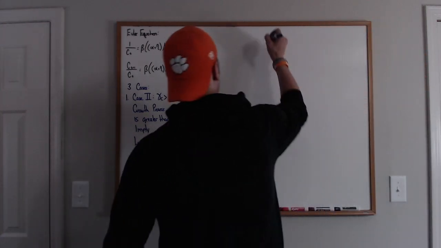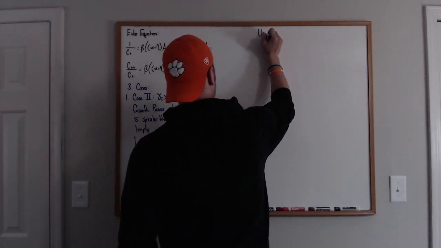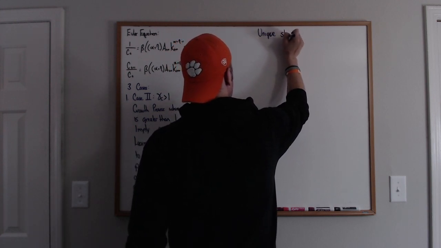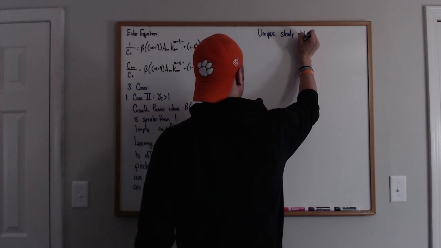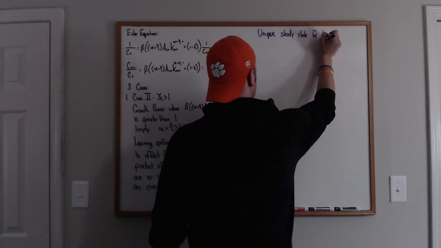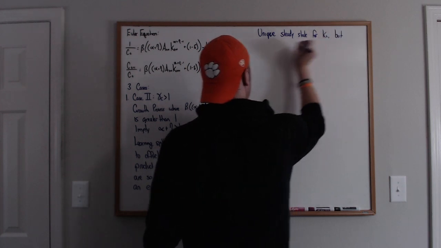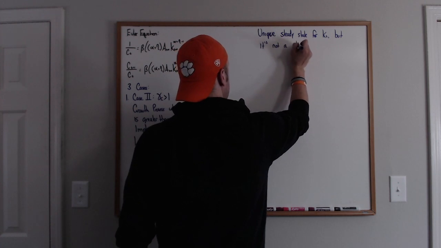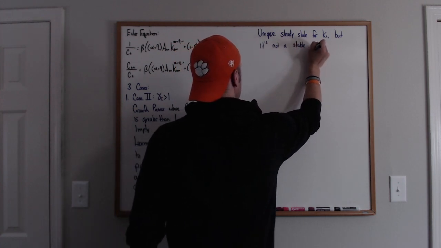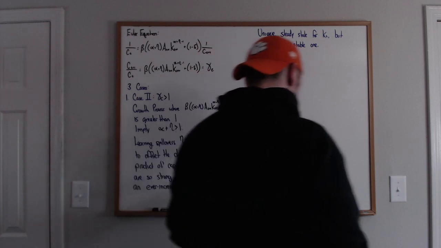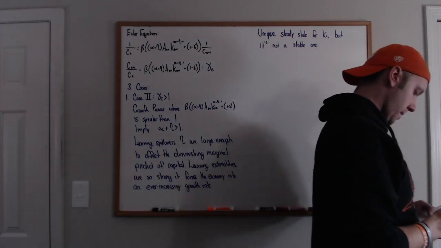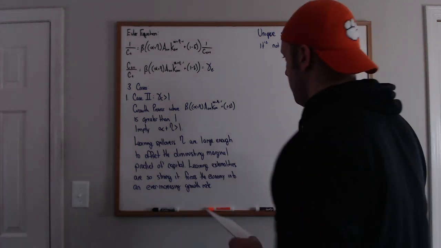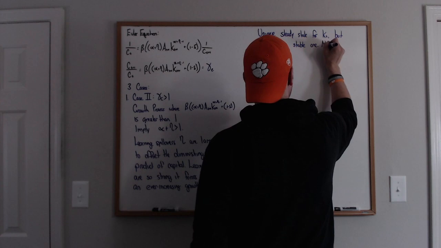Now, there's still a unique steady state for capital. There's a unique steady state, but it's not a stable unique steady state. It's not stable.